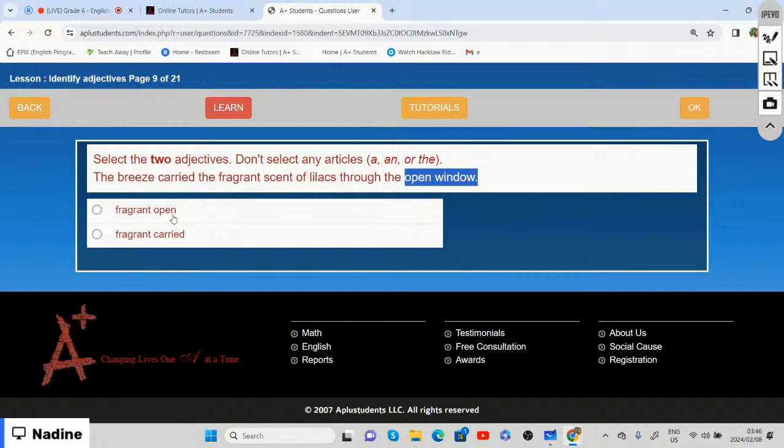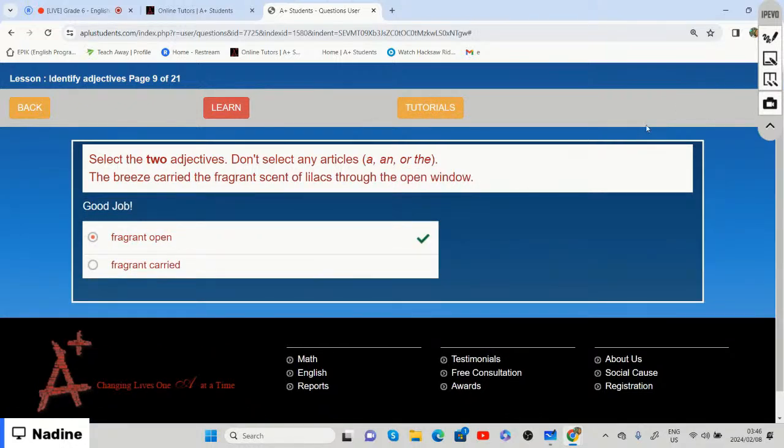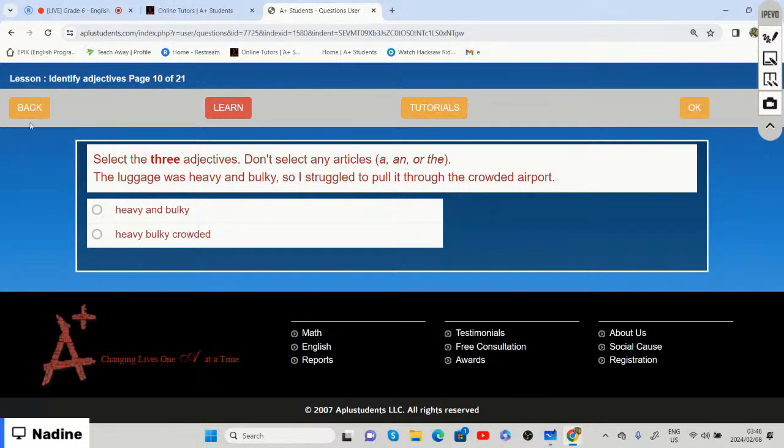So we're going to choose fragrant and we're going to choose open, right?